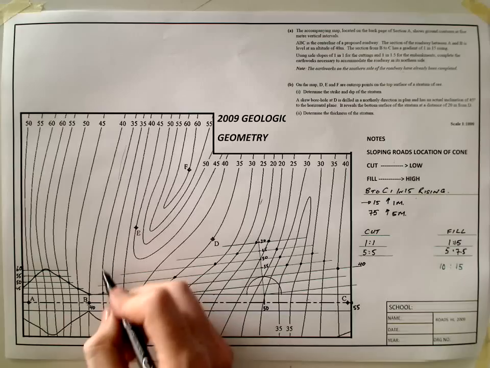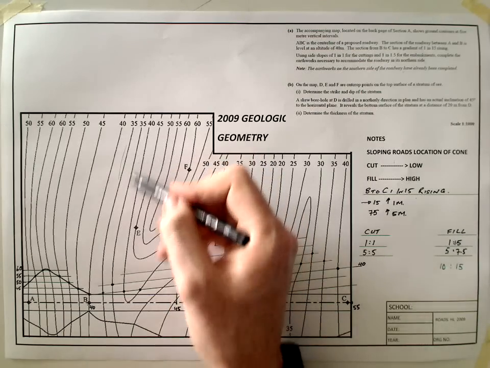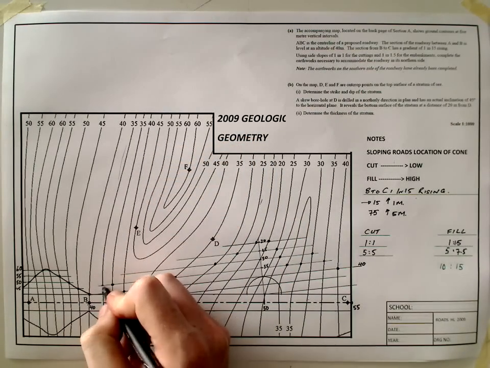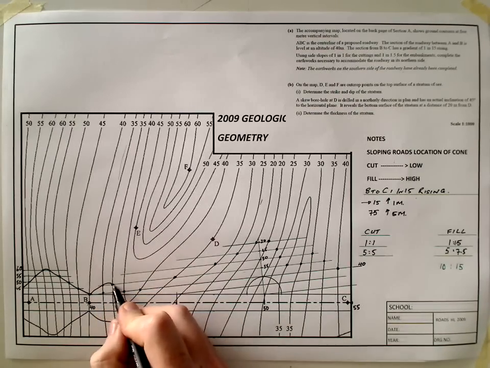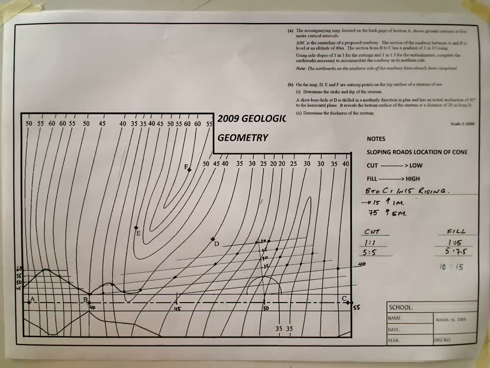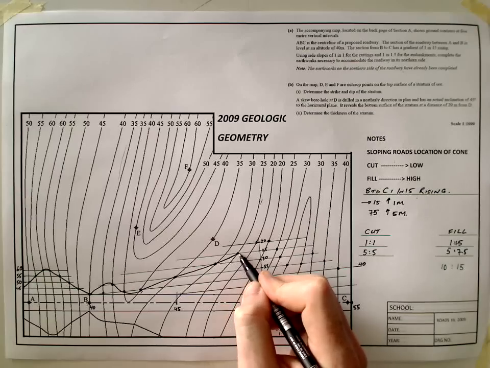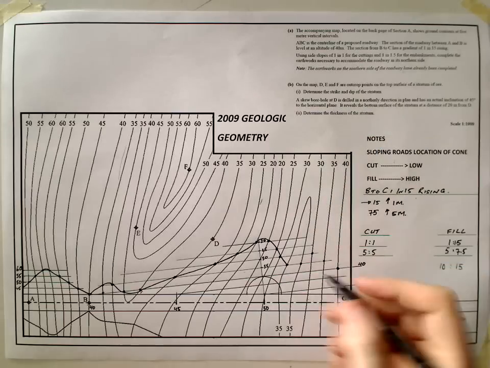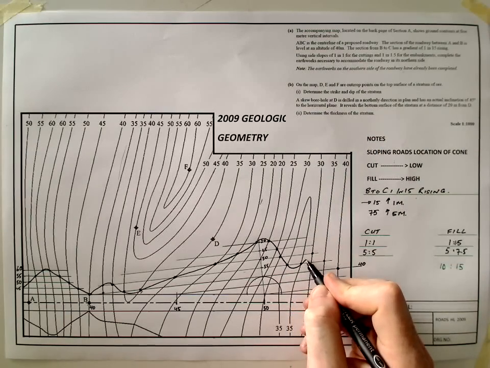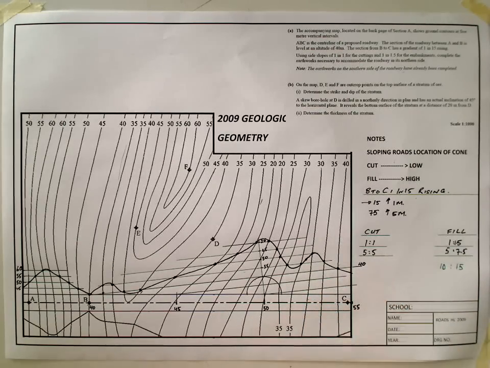So I can draw in, so I should have 40, 35, 35, so I have two 35s here. So that's my earthworks done there at that side road there. All that there is embankment.